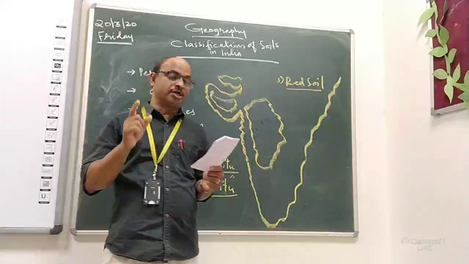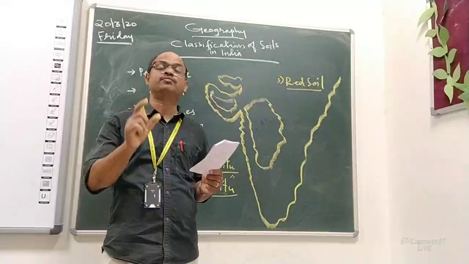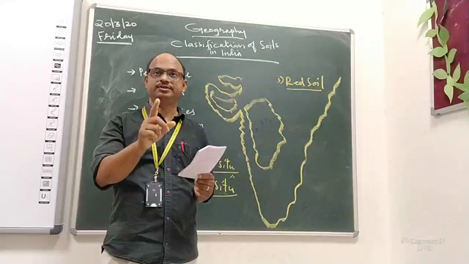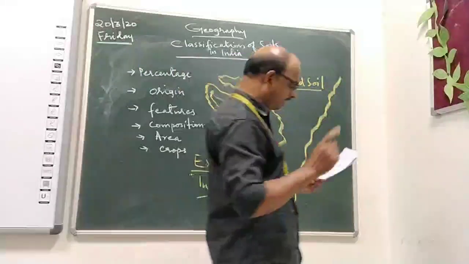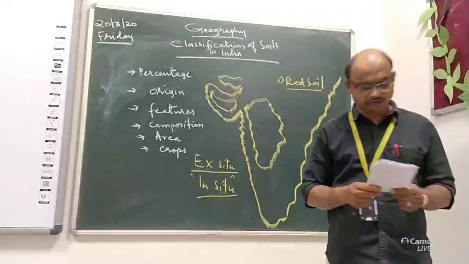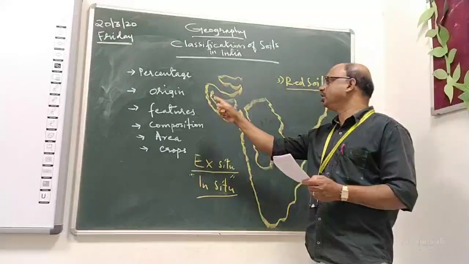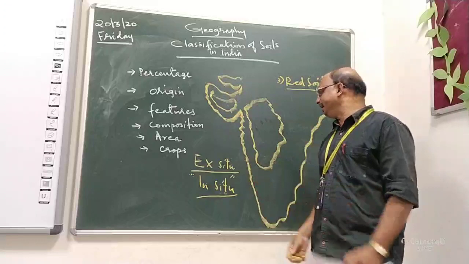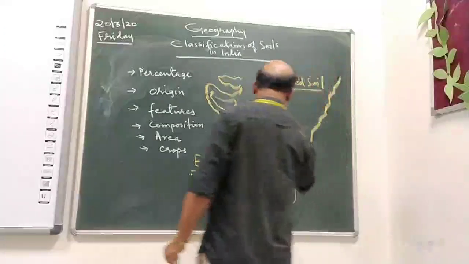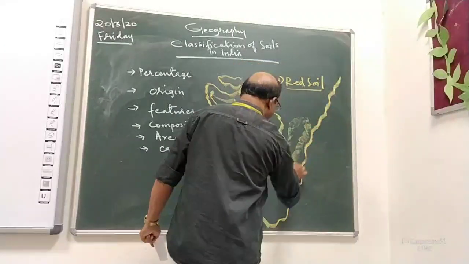It is the weathering of ancient crystalline and metamorphic rock. That we have to remember. What is the origin or formation? Crystalline or metamorphic rocks weathered.